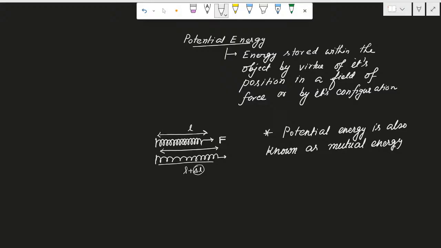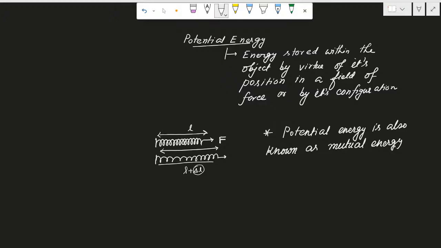That means why it is actually named so. It is measured by the amount of work that a body or a system can do by changing its position or configuration. So why is it a mutual type?